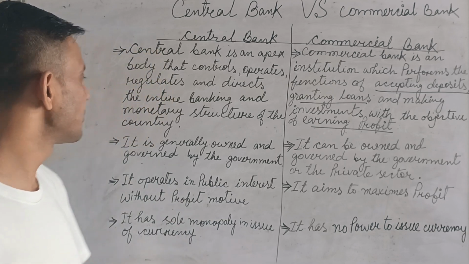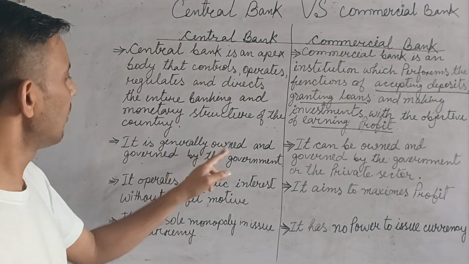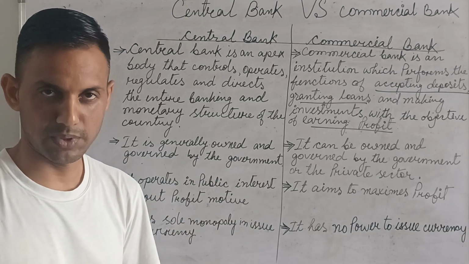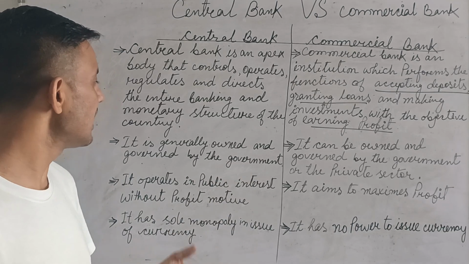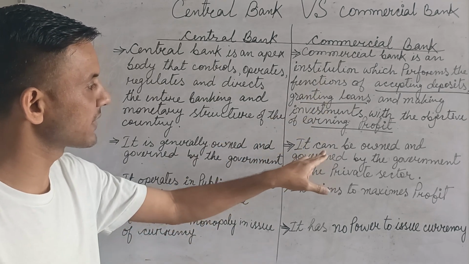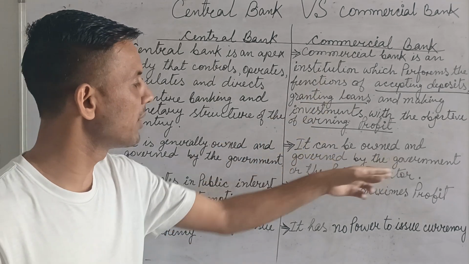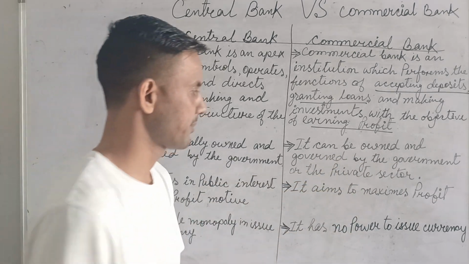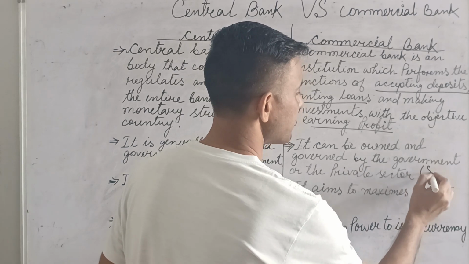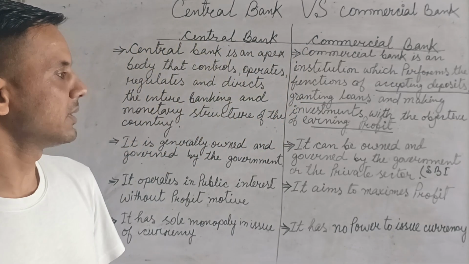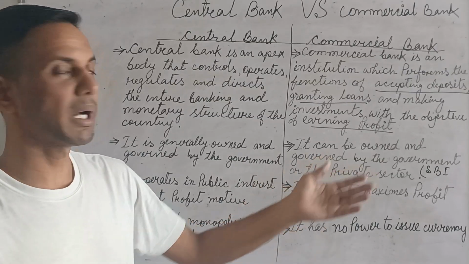Come to the second point. The central bank is generally owned and governed by the government, meaning the Reserve Bank of India. But commercial banks are owned and governed by the government or the private sector. For example, State Bank of India, SBI, is owned and governed by the government.